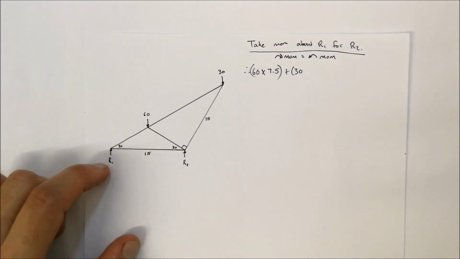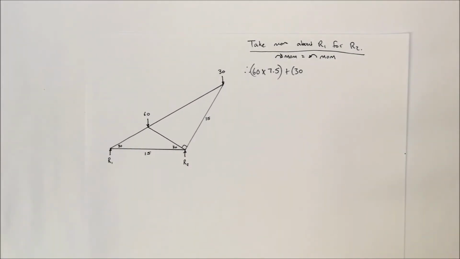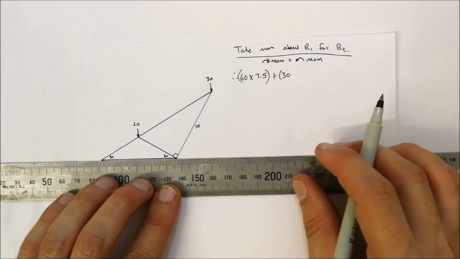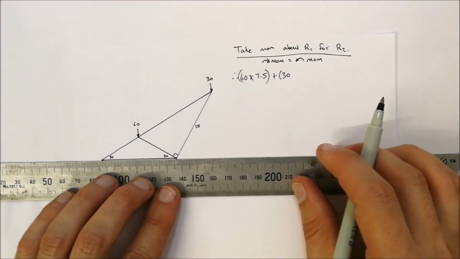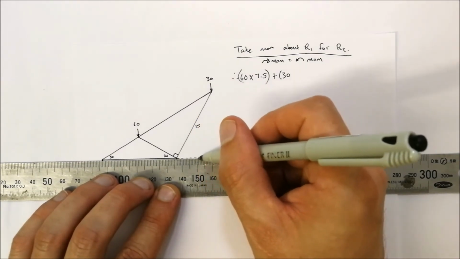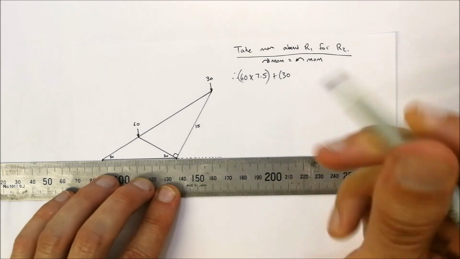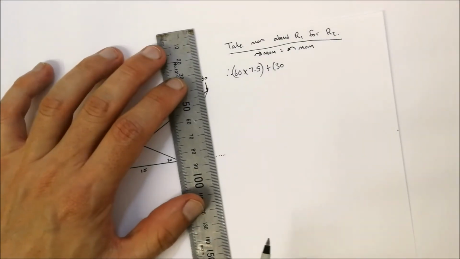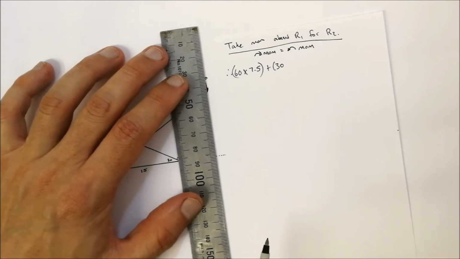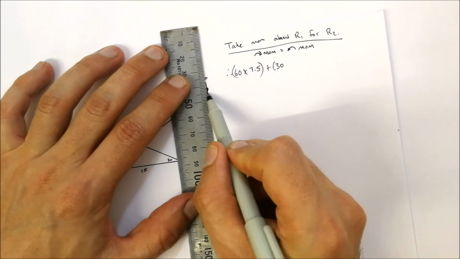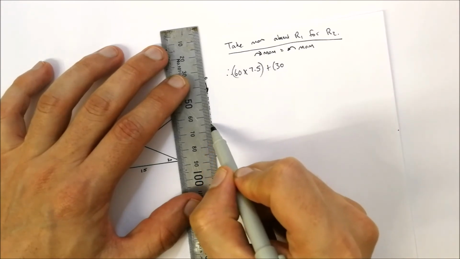Now it becomes a bit of a situation where we need to do an additional calculation. So what I'm going to do is extend this bottom beam with the dotted line as such, and then where this 30 kilonewton force is coming down, I'm going to have a dotted line coming down over there.